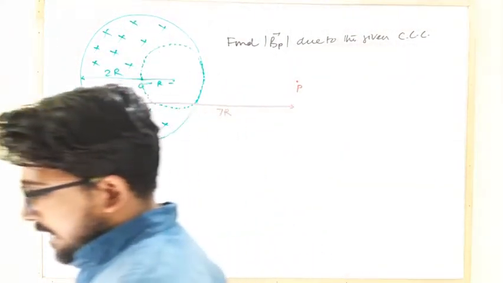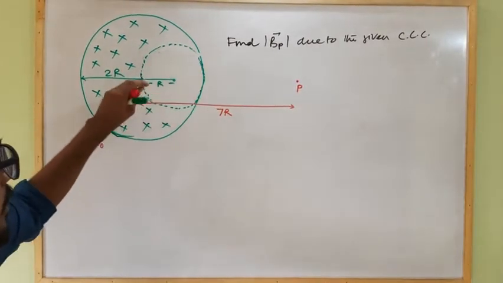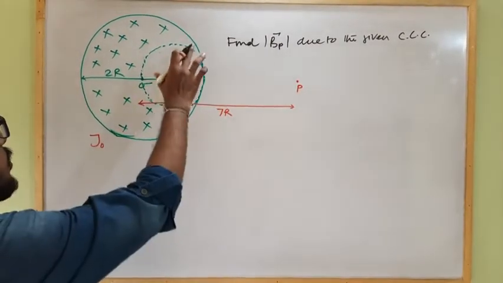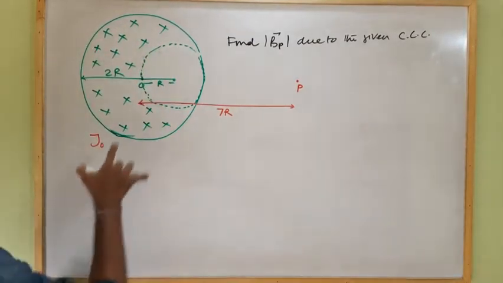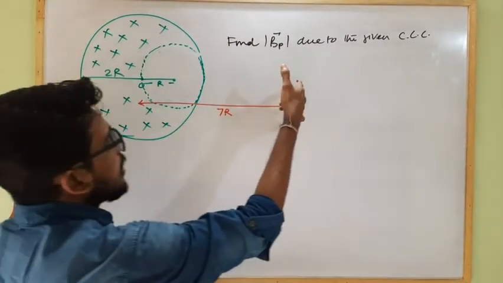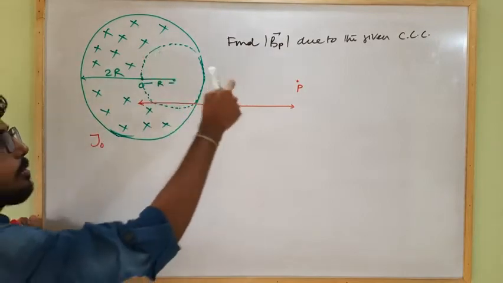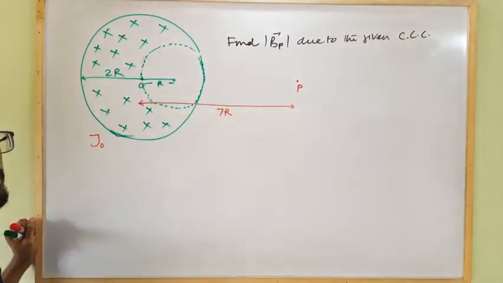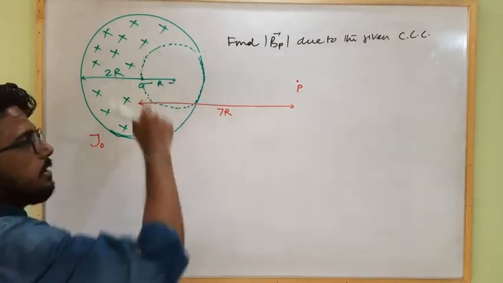So as we already know, if there is no cavity, that means the current carrying conductor is completely filled with substance, then the current density is J naught, and we can easily calculate the net magnetic field strength at point P due to this complete current carrying conductor by assuming an Amperian loop. Clear? But here there is a cavity of radius r.